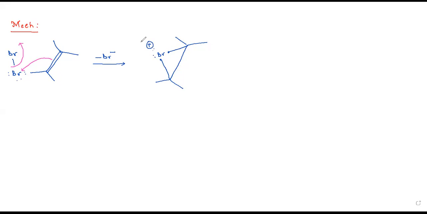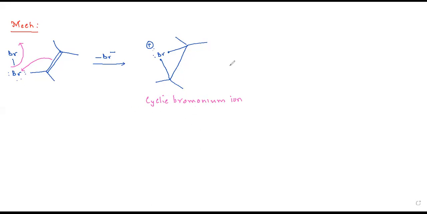Because the bonded pair is lost, then this is called cyclic bromonium ion intermediate. Cyclic bromonium ion, right? See, bromine is added across the multiple bond. Now, the other bromide enters into the picture.